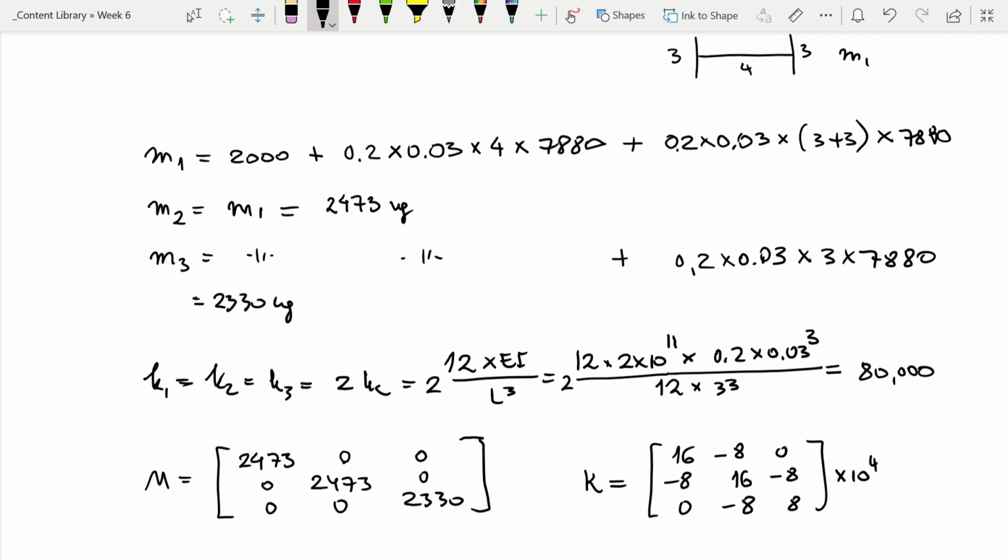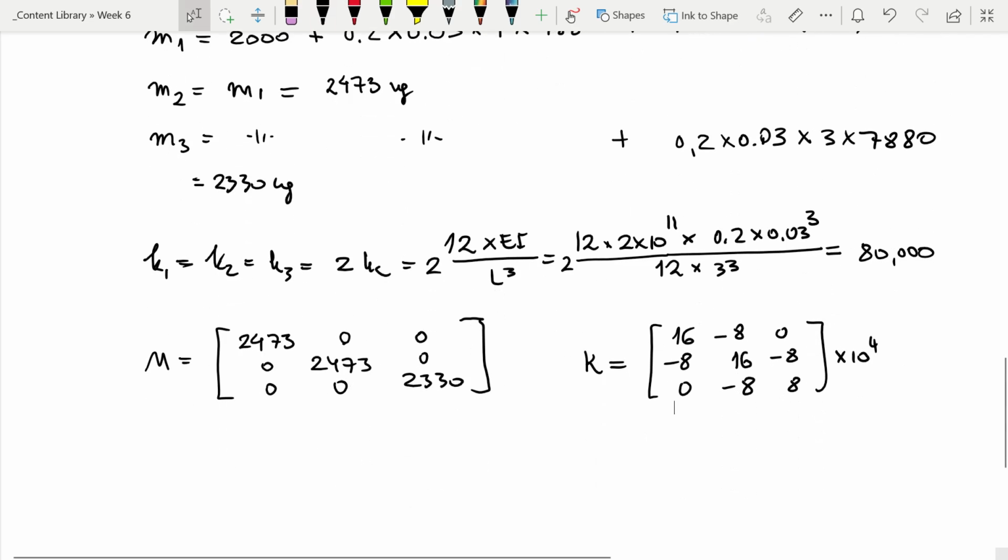So this is K1 plus K2, minus K2, 0, minus K2, K2 plus K3, minus K3, 0, minus K3, K3. And now I can make the A matrix, which is M inverse times K. And for this now I can use MathCAD.